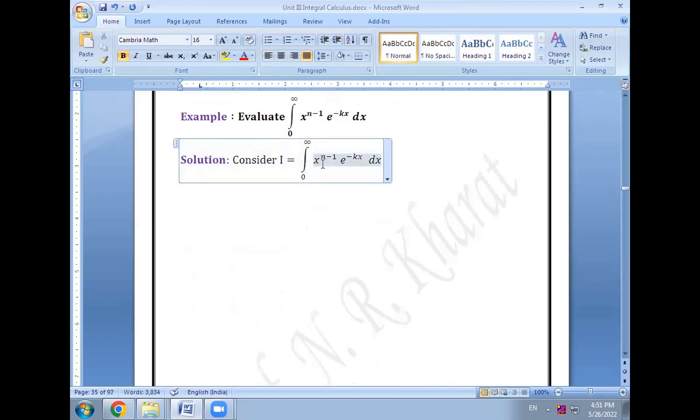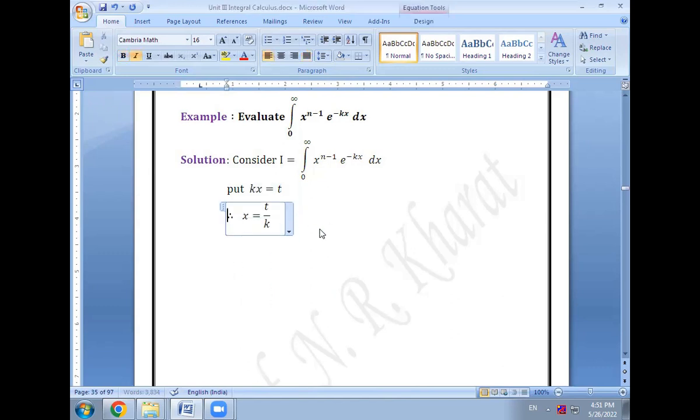When we observe this example, the index of your exponential function is minus kx. So we have to put the value of kx equal to some new variable. Suppose the value of kx is equal to t. Then we have to find the value for x. So x equal to t upon k, a simple conversion.